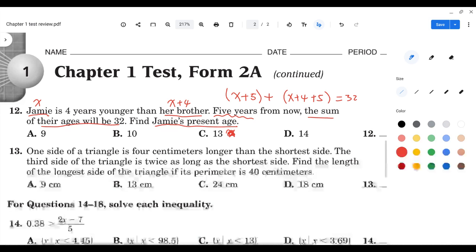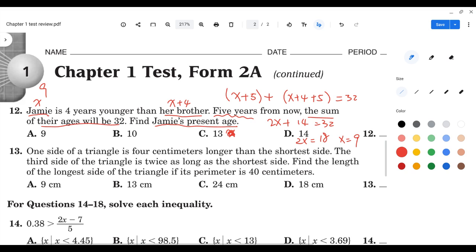All right, then you just have to solve for x. So 2x plus 14 equal 32. 2x equal 18 and x equal 9. So that means Jamie is 9 years old.